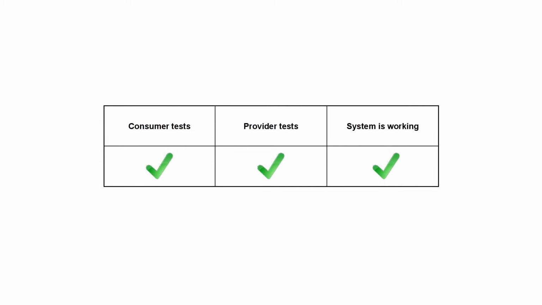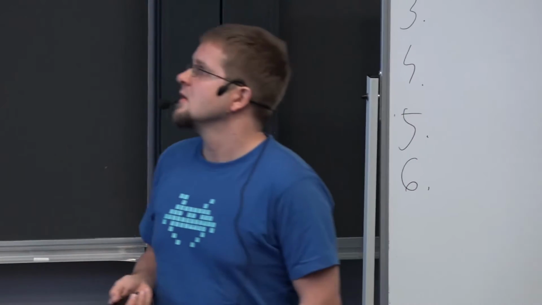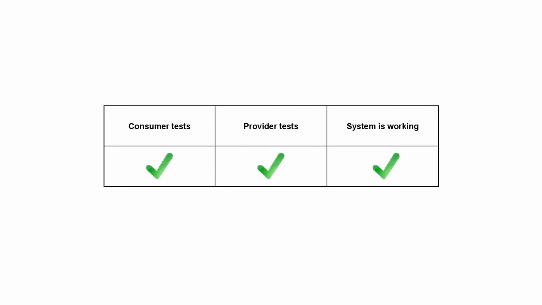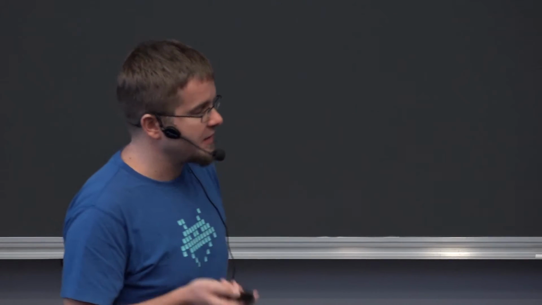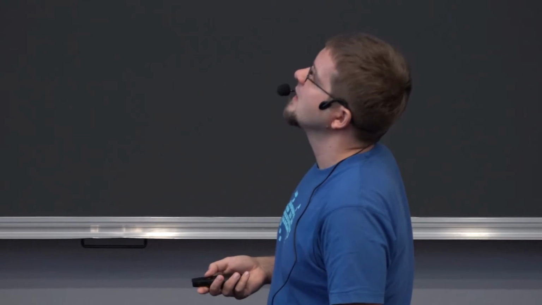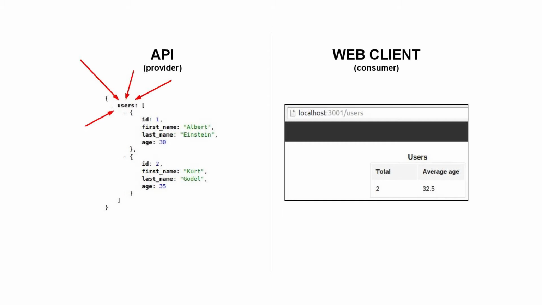Okay, so this is our system, and it's doing great. Consumer tests passed, provider tests passed, and the whole system is working very nicely. So we are gonna mess it up. Let's imagine that API team just released the newest version of their software. And this new version returns users' data not as an array, but as an object.